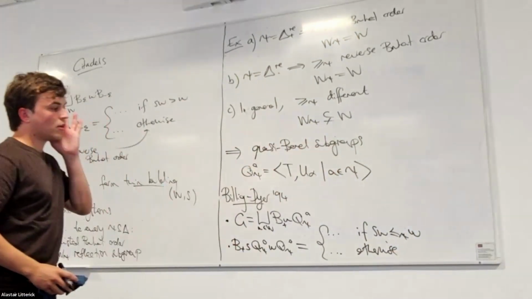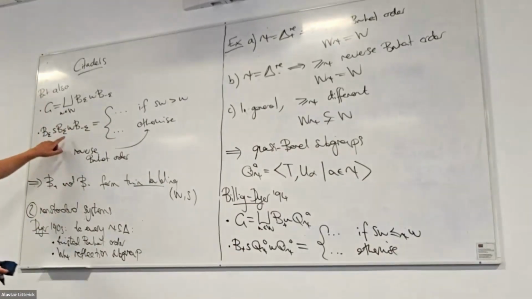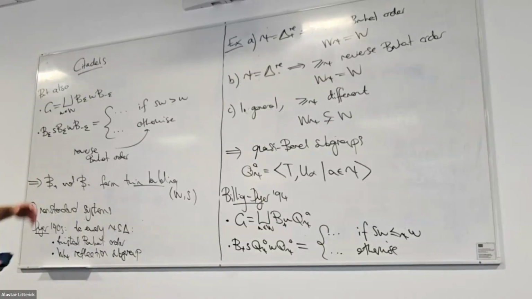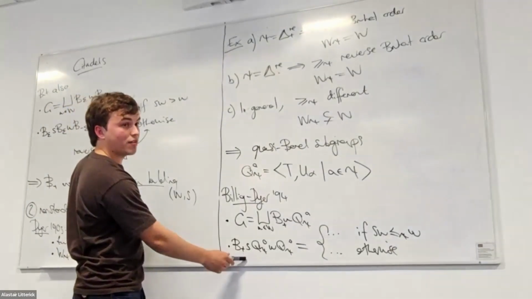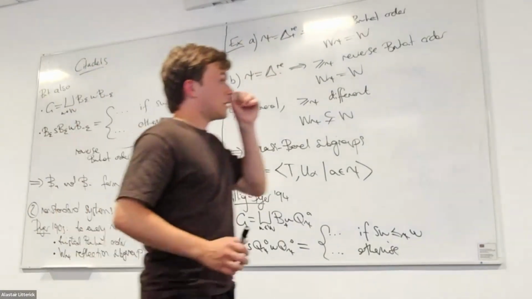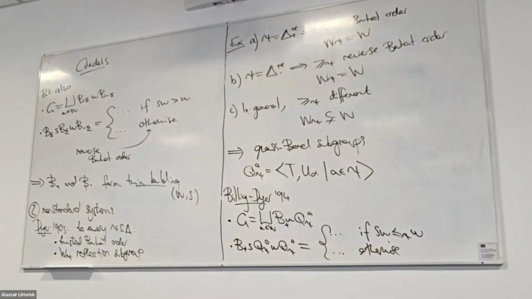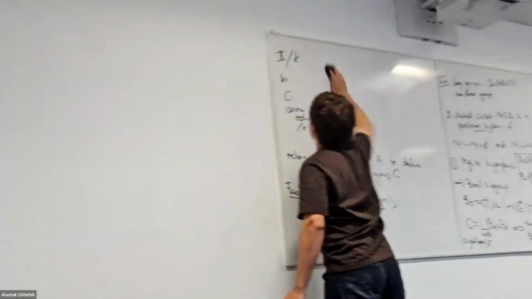Okay. And the problem is that this is kind of symmetric. This describes both left and right multiplication, whereas this doesn't. It only describes left multiplication. And so this is my first small contribution: proving the right multiplication.